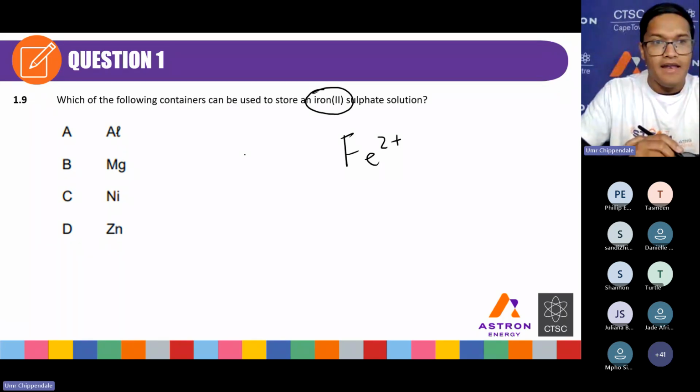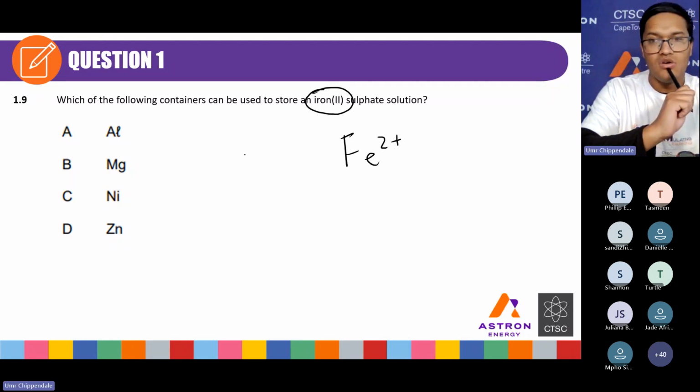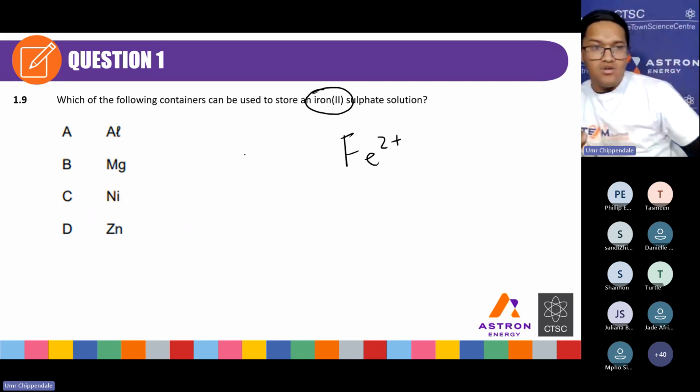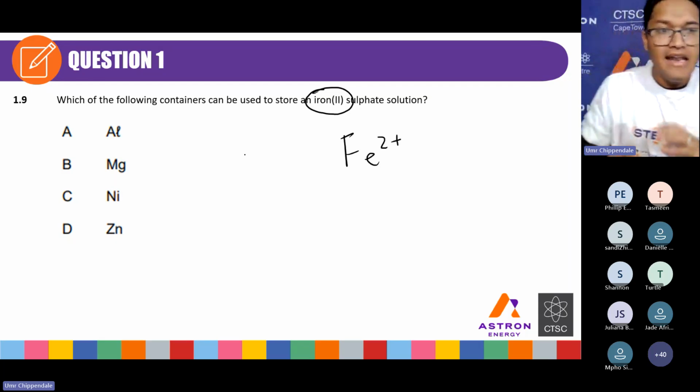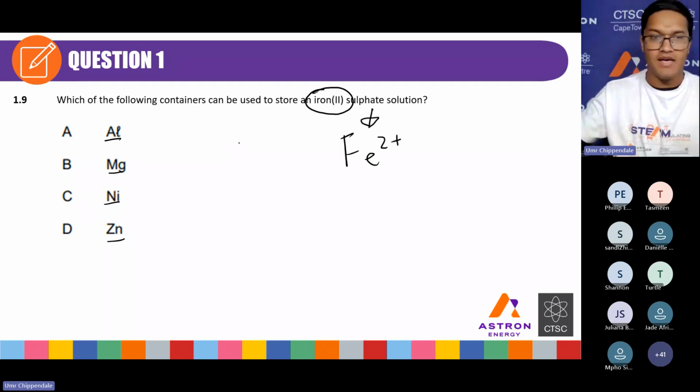Now, in this case, we need to see where we find Fe2 plus on our table 4A or table 4B standard reduction potential section. So we are going to be focusing on aluminium, magnesium, nickel, and zinc, and we're going to see where all of these fall in relation to our Fe2 plus.